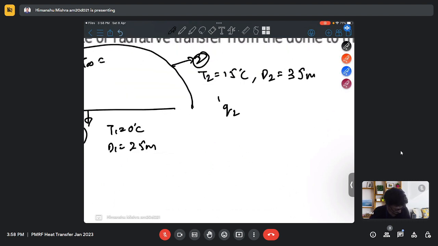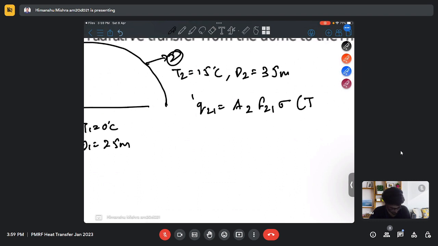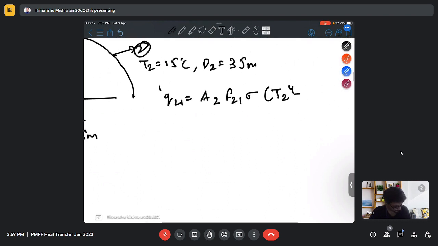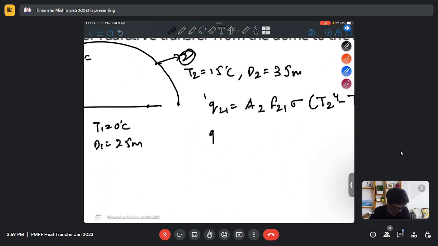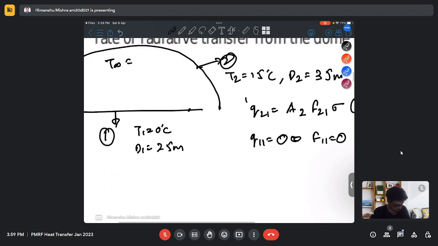So the heat transfer will be this, my heat transfer from surface 2 to surface 1, and from surface 1 there will be no heat transfer to itself because the shape factor F11 will be 0.